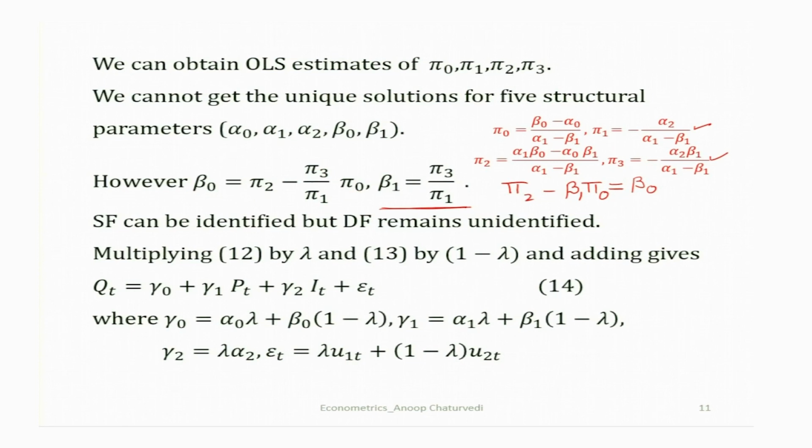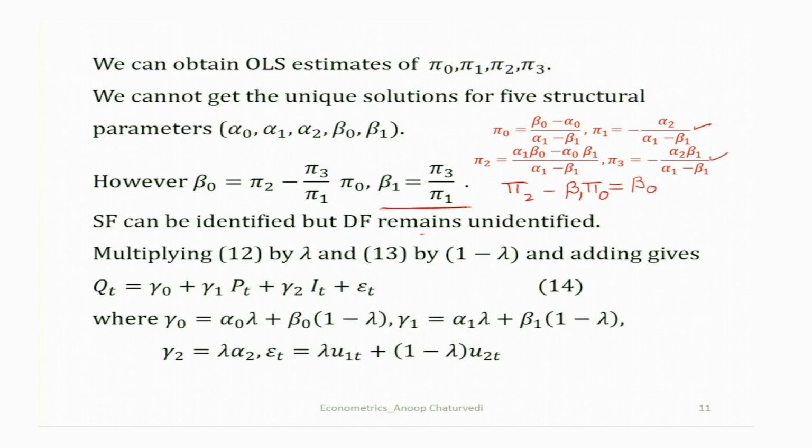So, supply function can be identified. You can obtain solutions for the structural parameters of supply function. So, if you estimate pi naught, pi 1, pi 2, pi 3, then you can also estimate beta naught and beta 1, the structural parameters of the supply function.